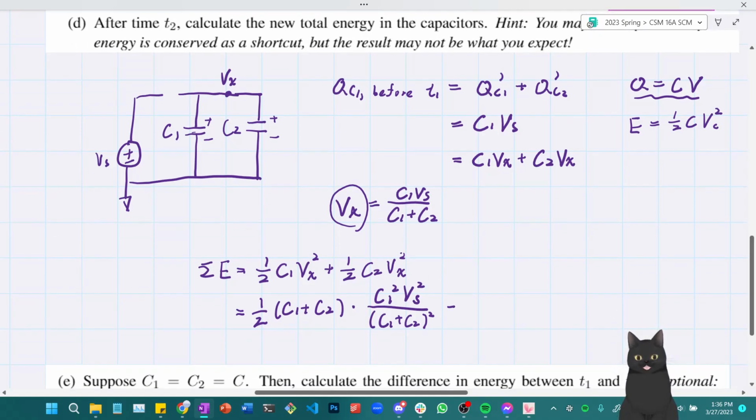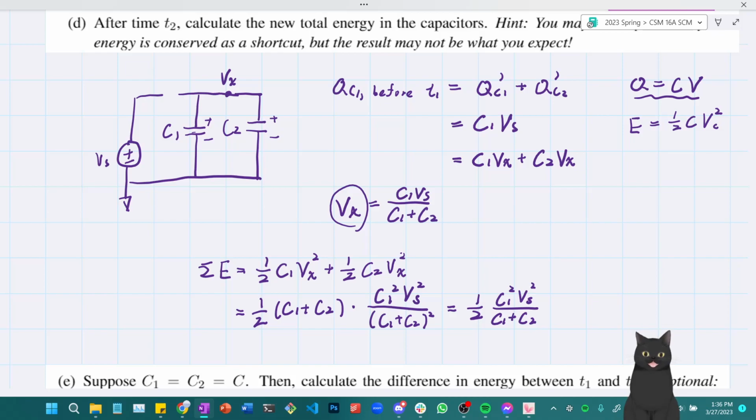I'm going to combine these two fractions together so that I finally get 1/2 times C1 squared Vs squared over C1 plus C2. So that is the total energy across the circuit, which once again is the sum of the energy you get across the different capacitors that exist here.